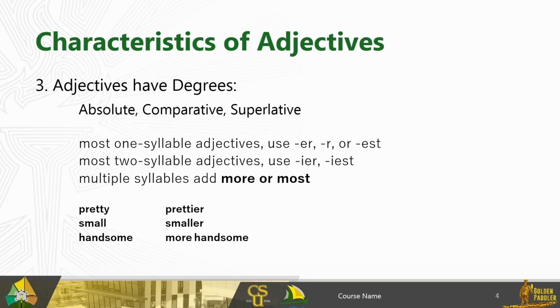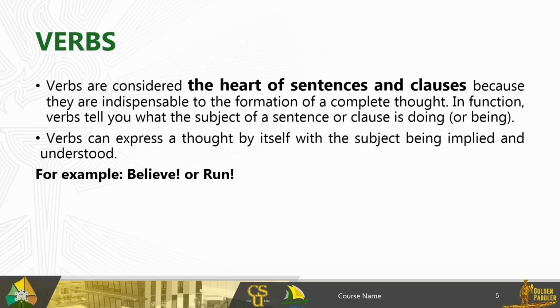For example, pretty, prettier, and prettiest. Small, smaller, and smallest. Handsome, and more handsome. In this case, you use the word more to compare nouns because the word handsome has multiple syllables.